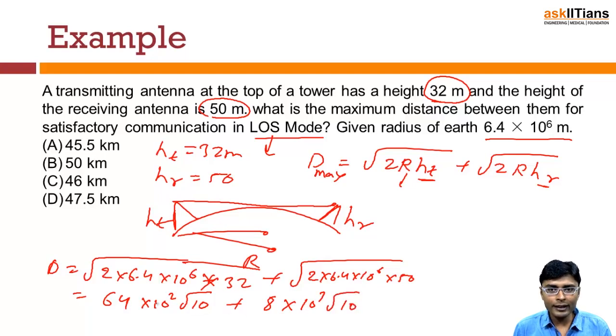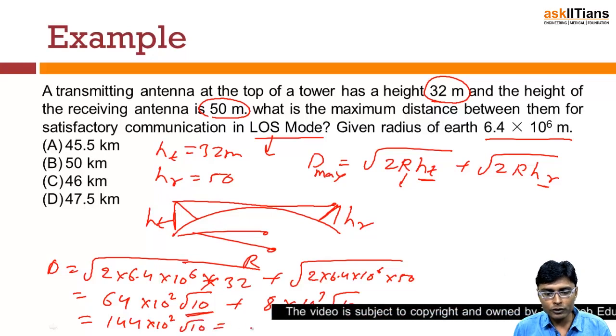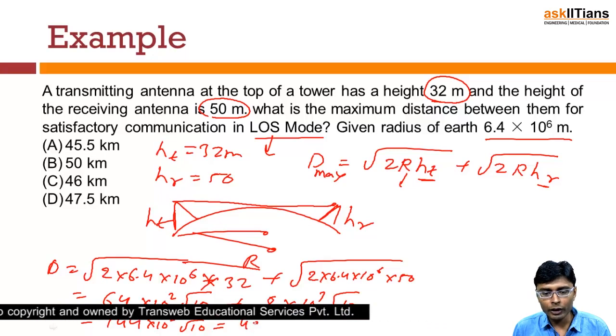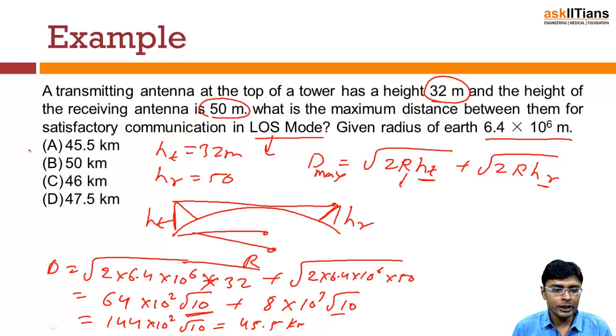If you simplify this, take root 10 common and add up, it will come out around 144 into 10 raised to 2 root 10. If you convert it into kilometer, it comes out to be 45.5 kilometer. So in the options, option A is the correct answer for this question.